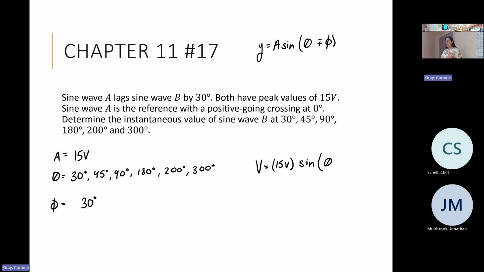So sine wave A is just sine theta. It is just a sine. So that means that what we're solving for here is sine wave B. So is B leading or lagging? So B is leading. So does that mean phi should be positive or negative?